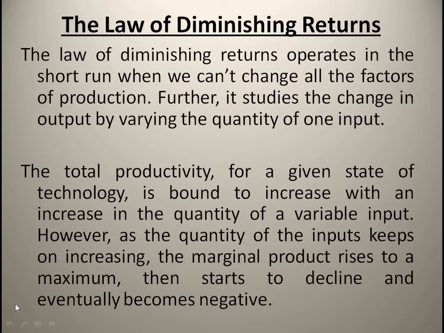The law of diminishing returns operates in the short run when we can't change all the factors of production. Further, it studies the change in output by varying the quantity of one input.